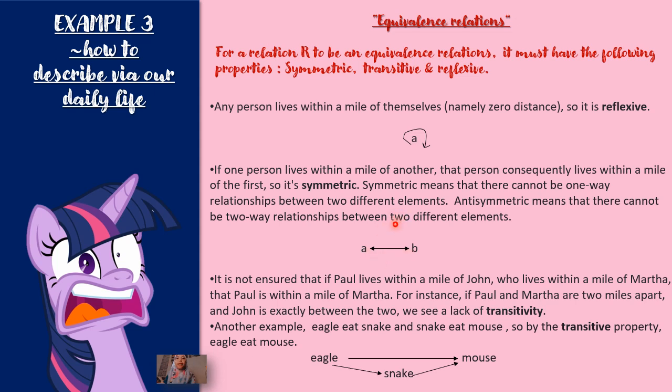Next, it is not ensured that if Paul lives within a mile of John, who lives within a mile of Martha, that Paul is within a mile of Martha. For instance, if Paul and Martha are 2 miles apart and John is exactly between the two, we see a lack of transitivity. Another example, eagle eats snake and snake eats mouse. So by the transitive property, eagle eats mouse, as you can see here.